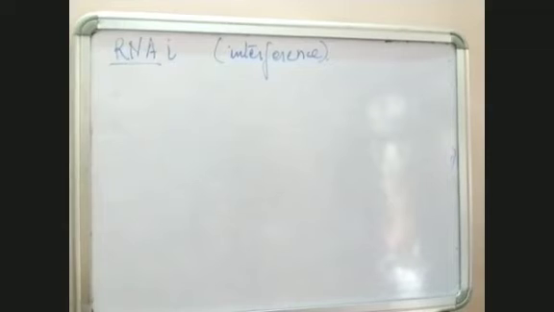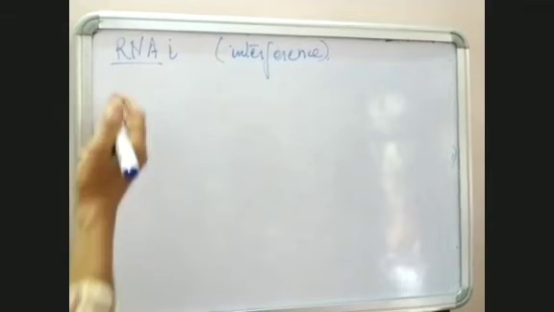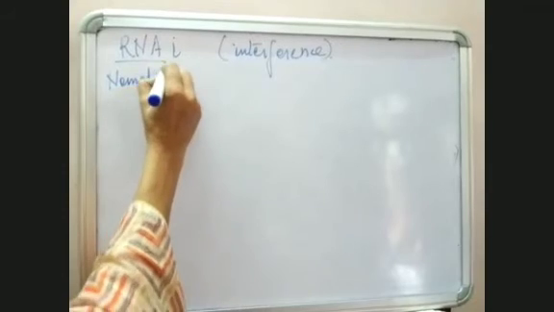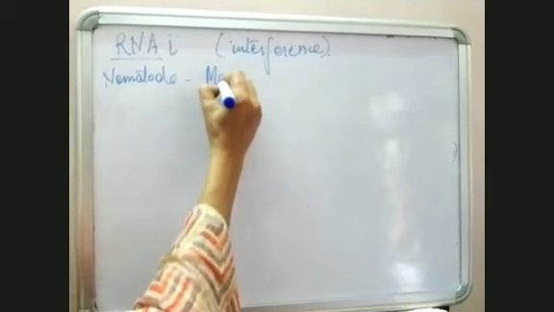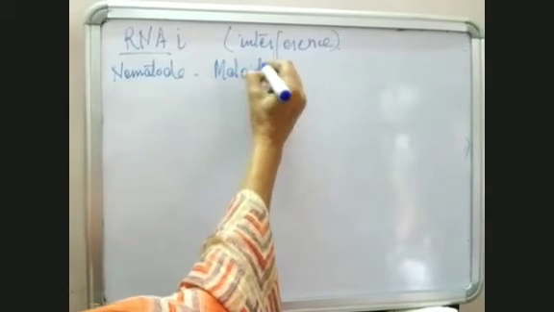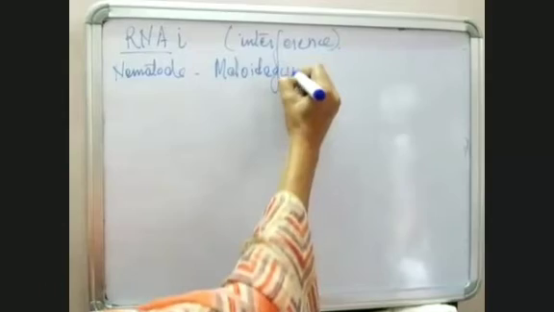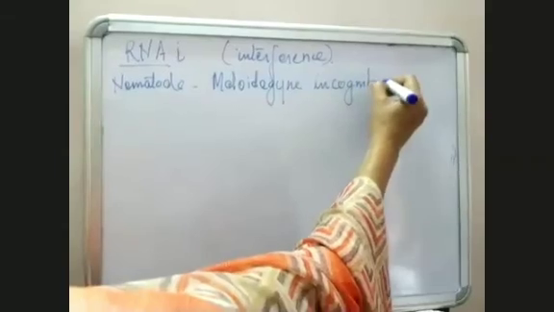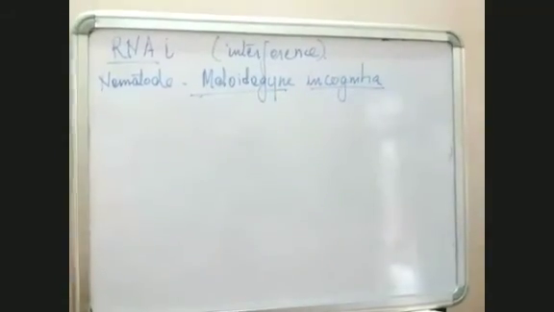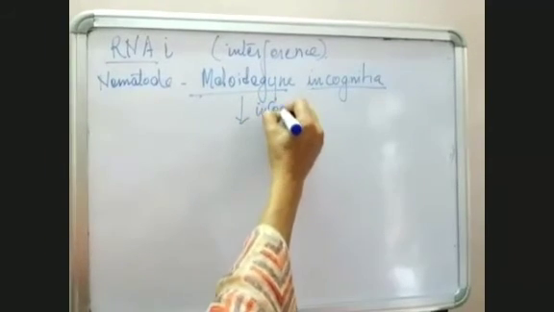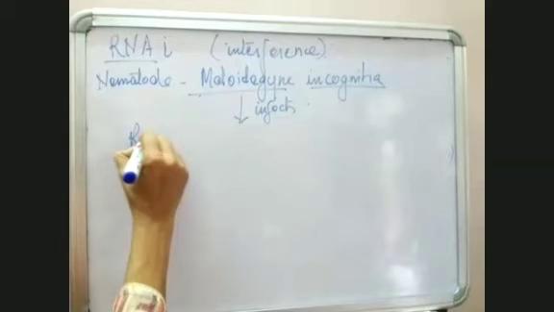There is a nematode, and the name of the nematode is Meloidogyne incognita. This Meloidogyne incognita infects the roots of tobacco plants.